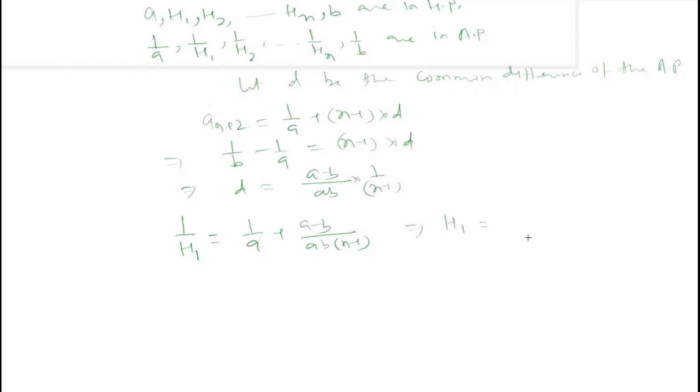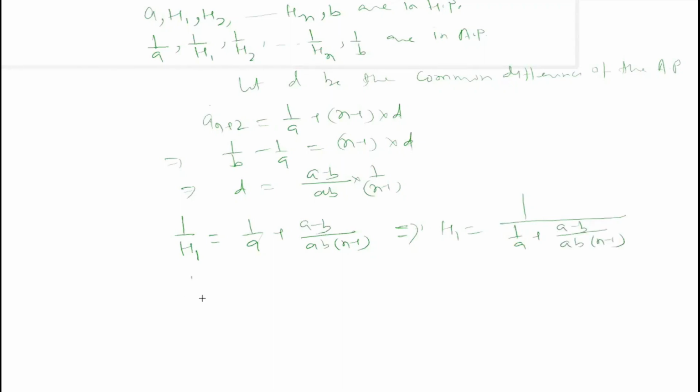Let's do this. H1 should be equal to 1 upon 1 by A plus A minus B upon AB into n minus 1.